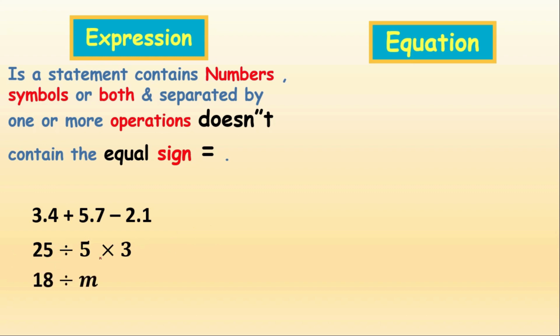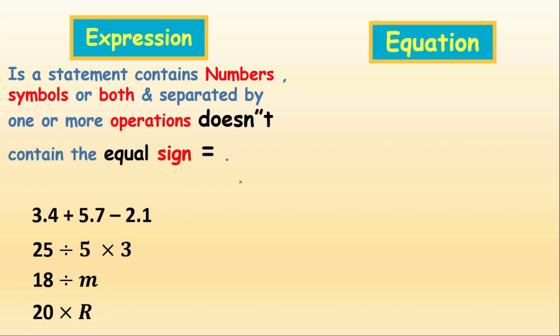Another example, 18 divided by m. It's an expression. Yes: number, operation, and symbol, and we don't have an equal sign. Another example, 20 times r. Here we have a number, operation, and symbol, so it must be an expression because we don't have an equal sign.